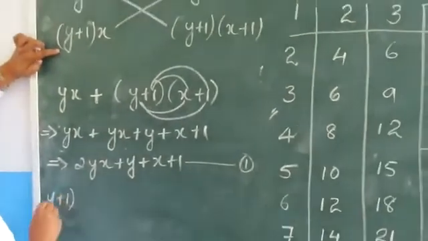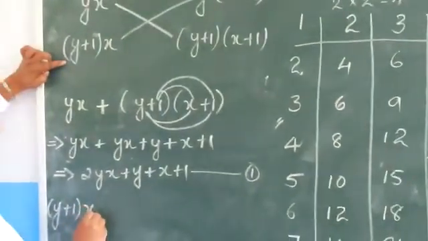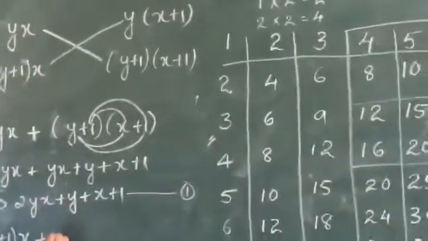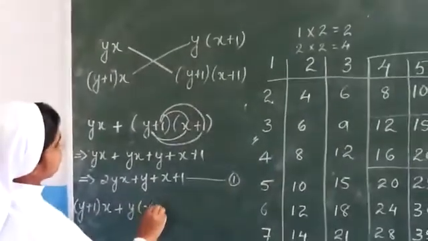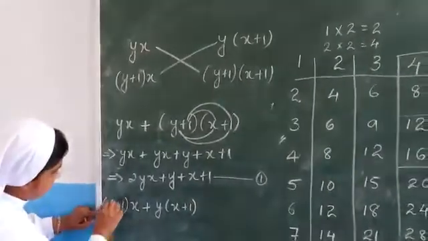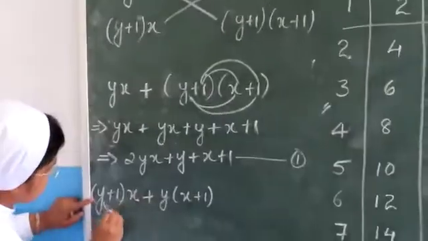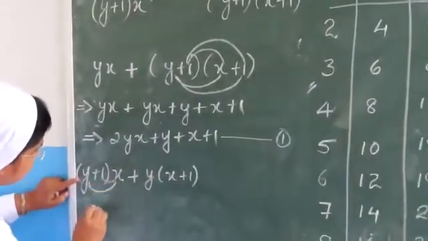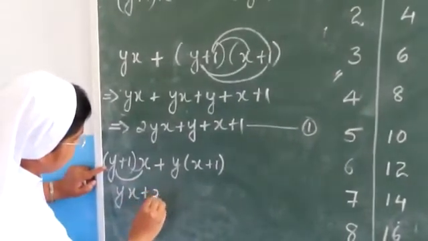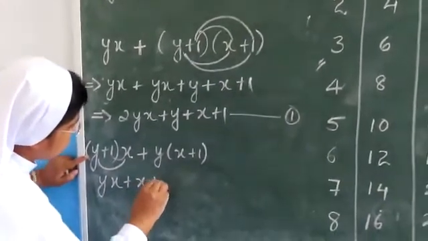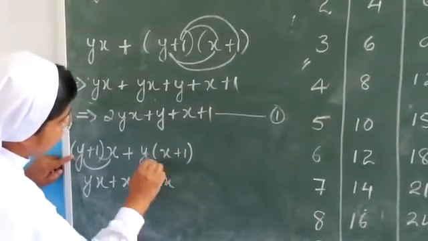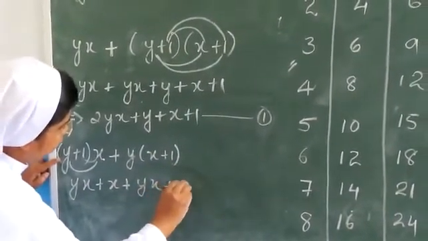Okay. Now the second one, you see. y plus 1 into x plus y into x plus 1. Now you have to multiply the same way. 1 into x, y into x, yx, 1 into x, x, plus y into x, yx, y into 1, y.